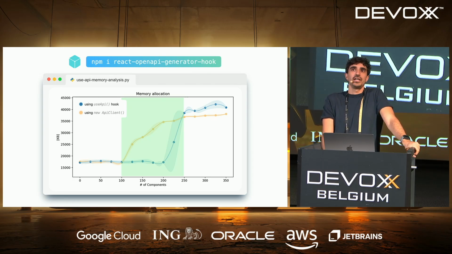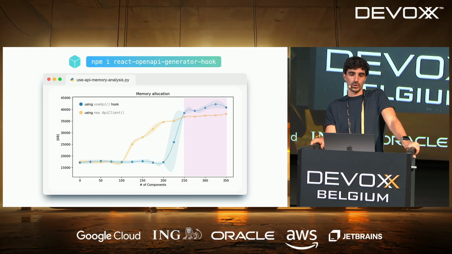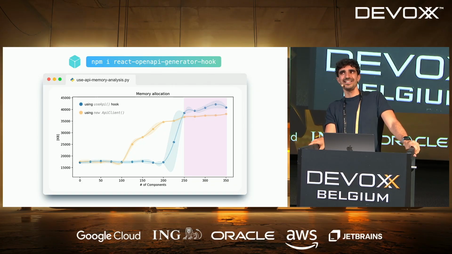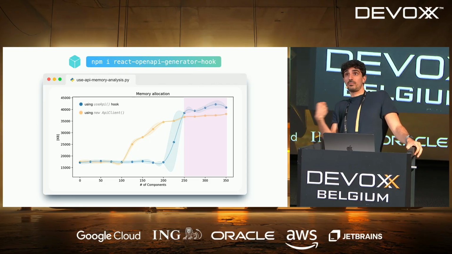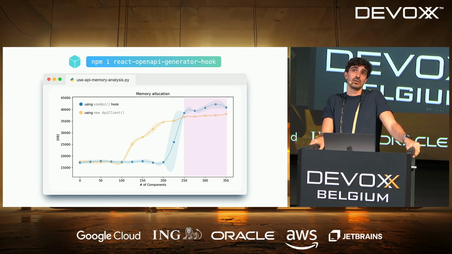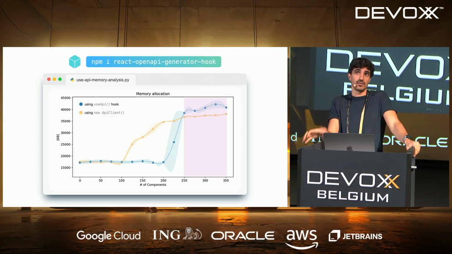And in extreme cases that probably will never happen, between 250 components and 350 components, something interesting happened because the useAPI hook doesn't perform as well as the new instances of API clients. Why is that so? Well, of course, useAPI comes with a little bit of memory allocation for each request because we save the state for every single request, right?